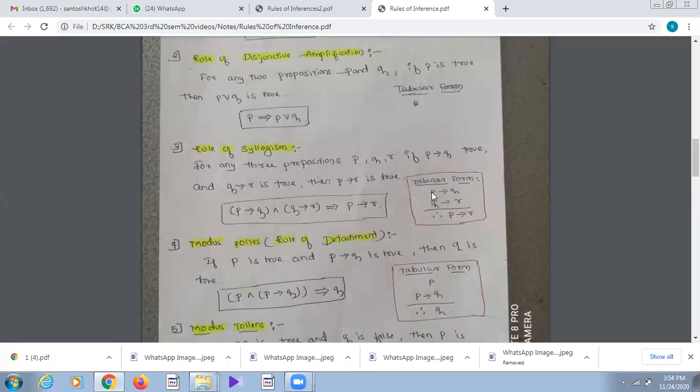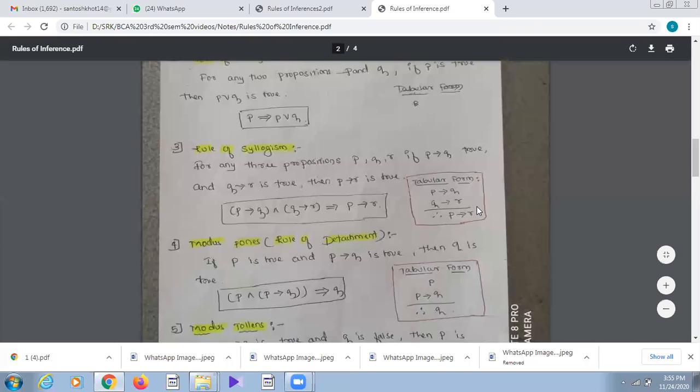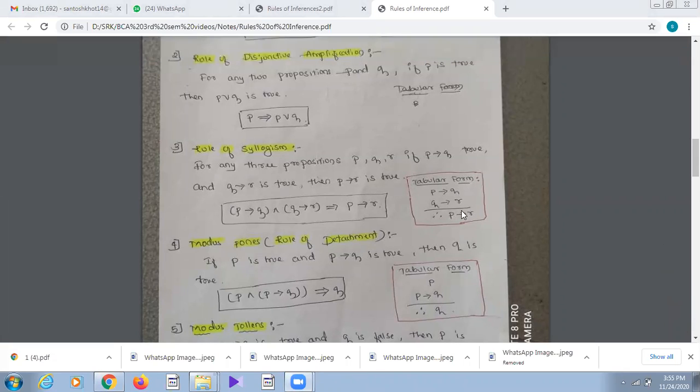Each row is a premise: P then Q is one premise, Q then R is the second premise. Below the line is the conclusion. When all the premises are true and the conclusion is also true, we can say the whole argument is valid. Before this concept, we called it a formula, but in this form we call it an argument.